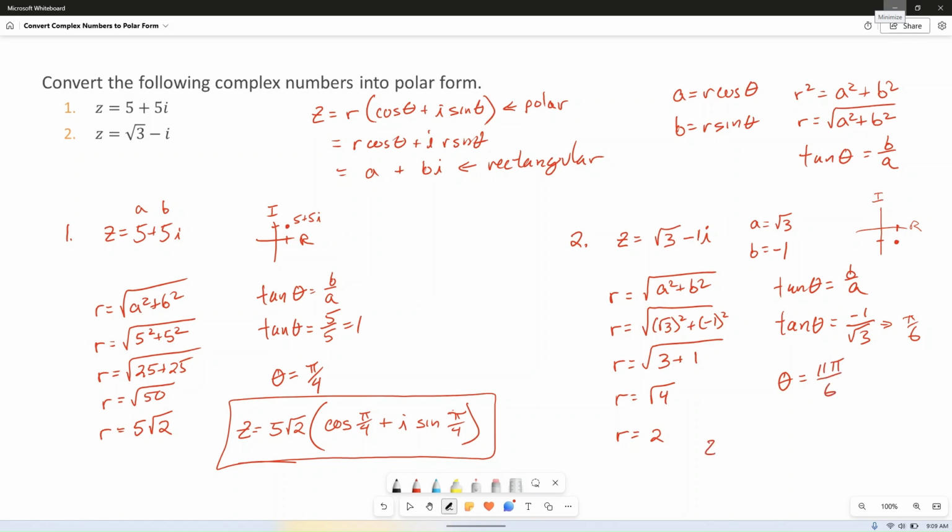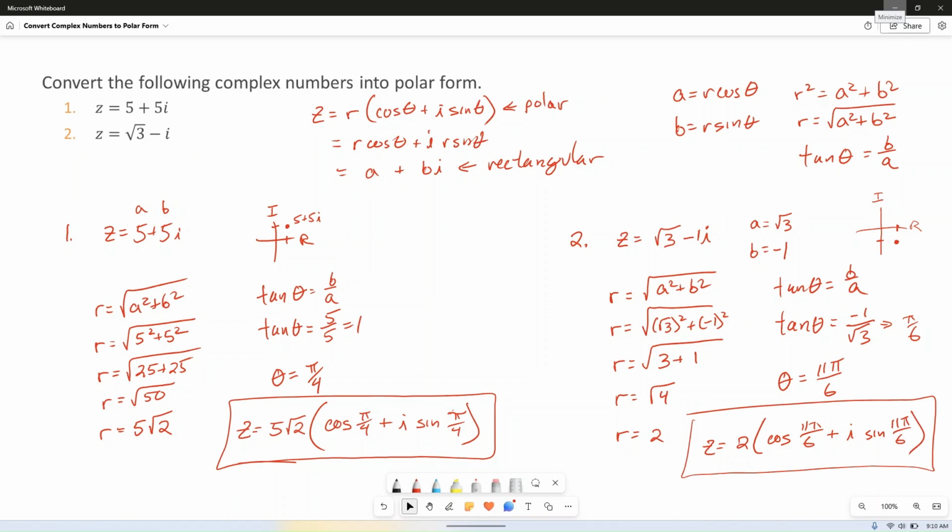That means my complex number is 2 times the cosine of 11 pi over 6 plus i times the sine of 11 pi over 6. Okay, so that's the complex number that's equivalent to the rectangular form of square root of 3 minus i. So we'll just leave both of those answers in complex form.